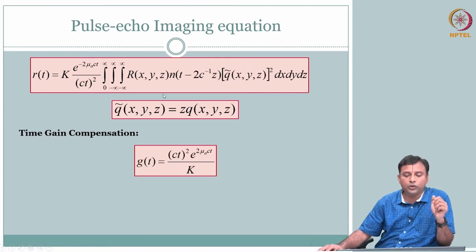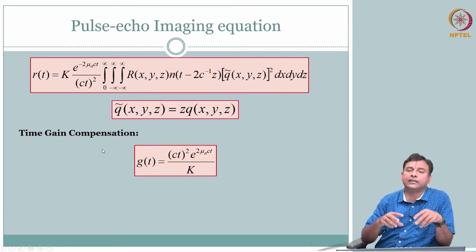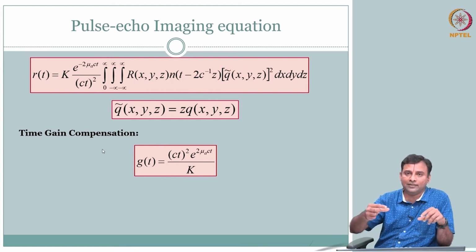Okay, so to make it simple looking, we introduce a gain function which compensates for this, and therefore this can be provided. Usually you have a potentiometer, a button that is given, right? You can adjust that. There will be slider buttons essentially, because each depth they want to give.